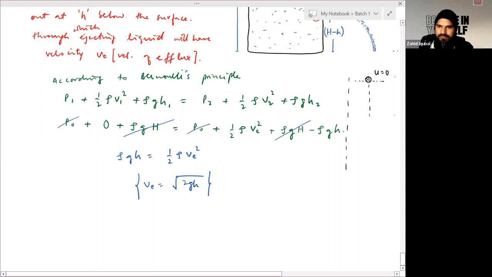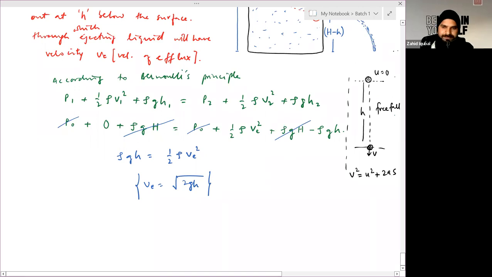On falling through height h under the effect of gravity, or free fall, if you have to calculate its velocity at this point, let's say v, using the third equation, we can say v square equals u square plus 2as.